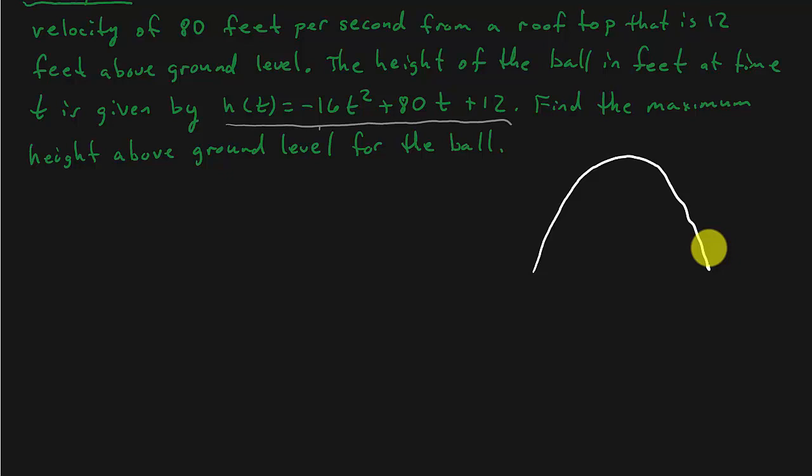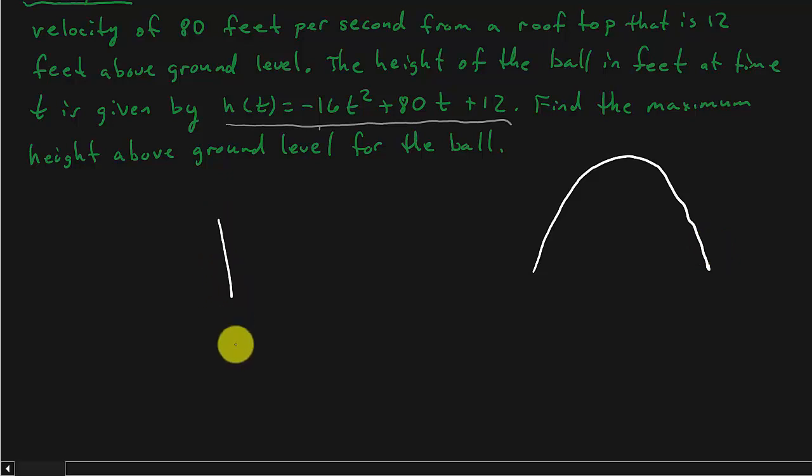But let's just use this for demonstration. Now, if we did put an XY axis, that would be T and this would be H. See, T is like your X, H is like your Y. T represents the time, the number of seconds that the ball is in the air. H represents the height of the ball at any given time.